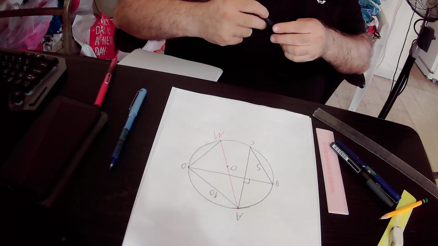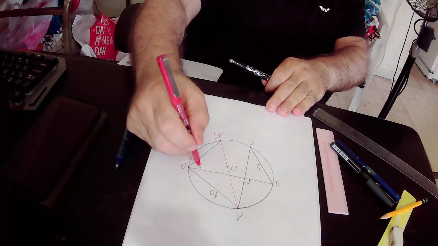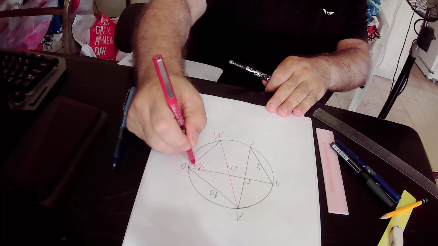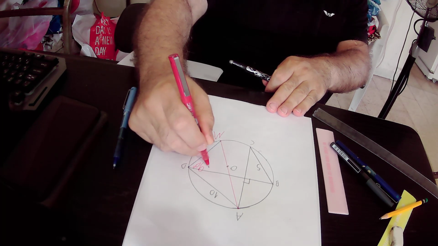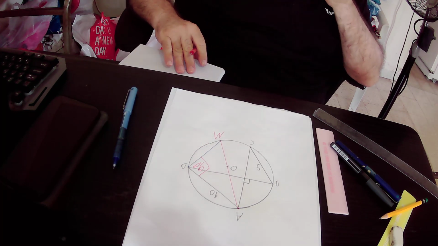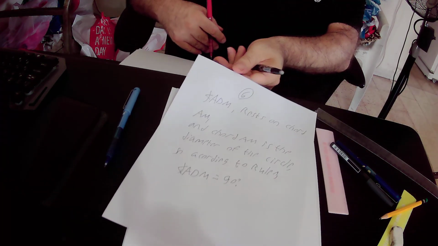So peripheral angle ADM equals 90 degrees. I will read again the things that I wrote.